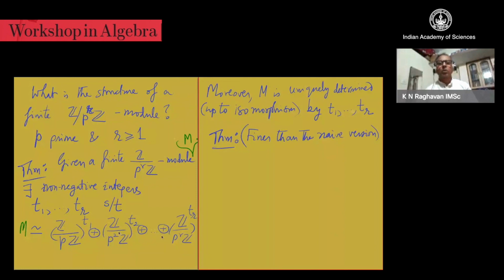So what you can conclude is that every finite abelian group is a finite direct sum of finite cyclic groups of prime power orders.